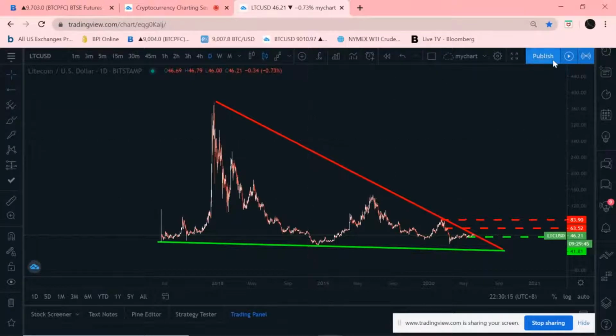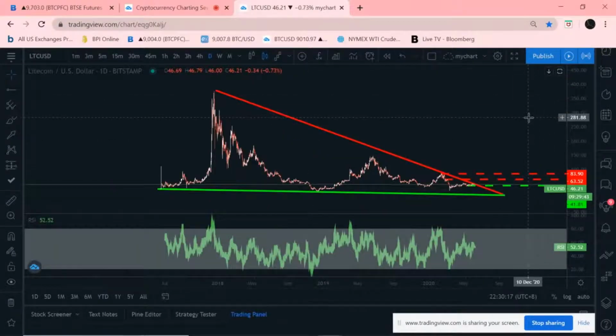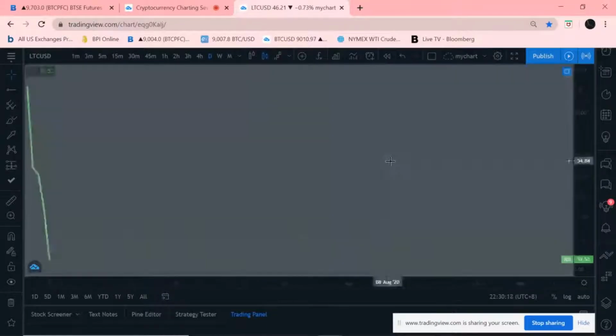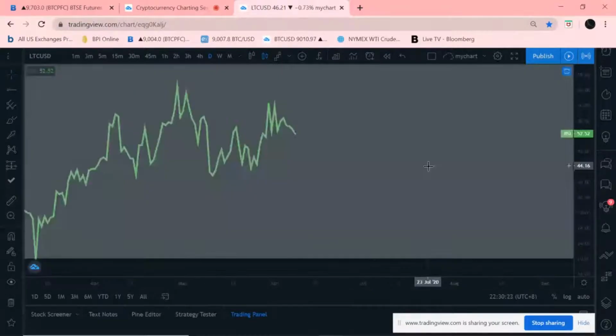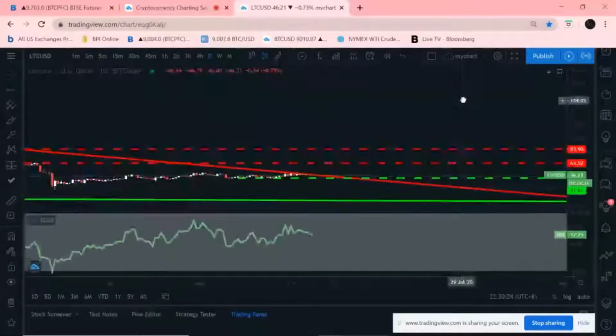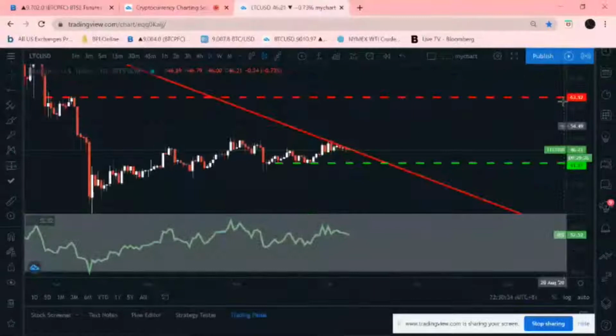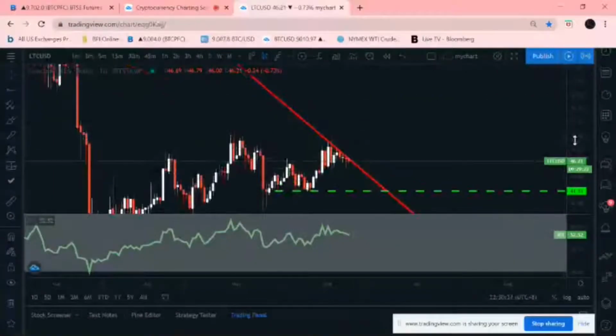And now let's look at the indicator in a daily time frame. Actually, it's going down. So wait, let's just check it out.